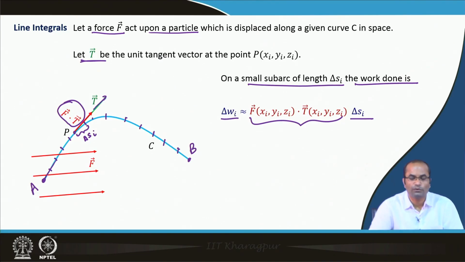So, this is for one small arc, and if we add all these small arcs from A to B and then let the length of the arcs tend to 0, in that case.